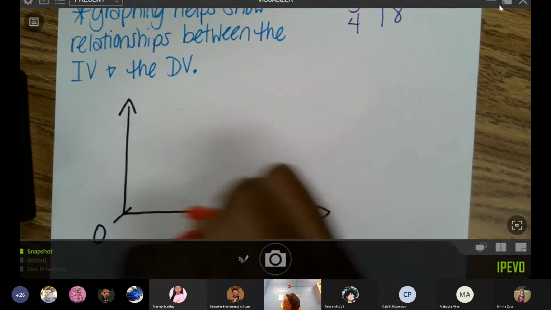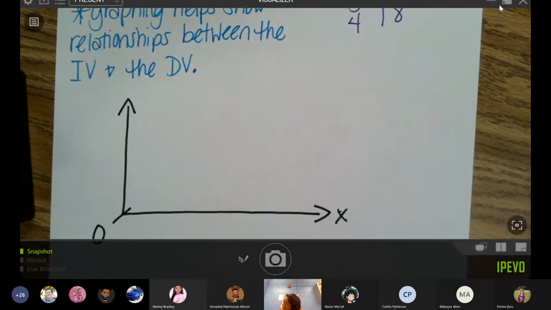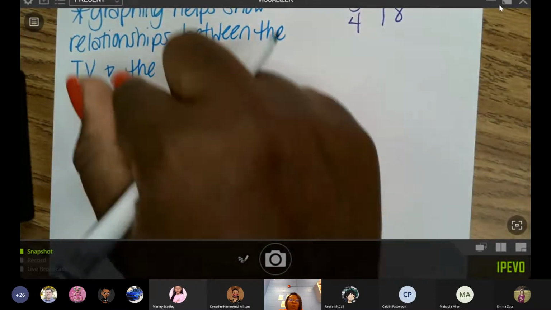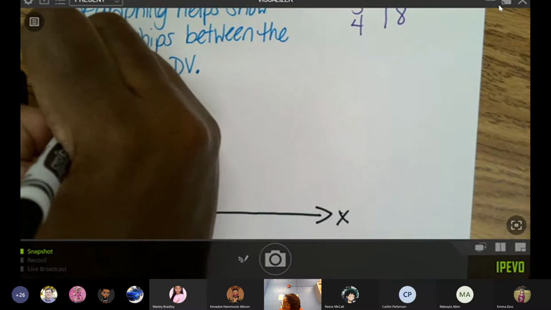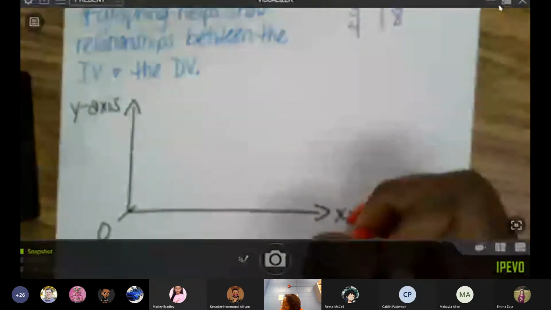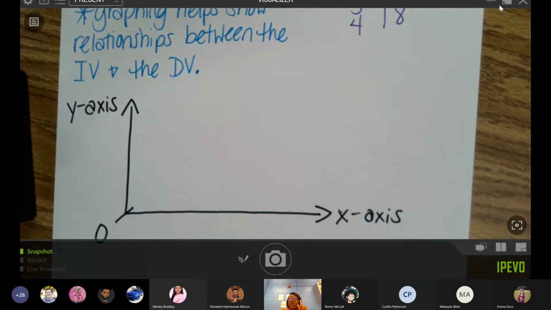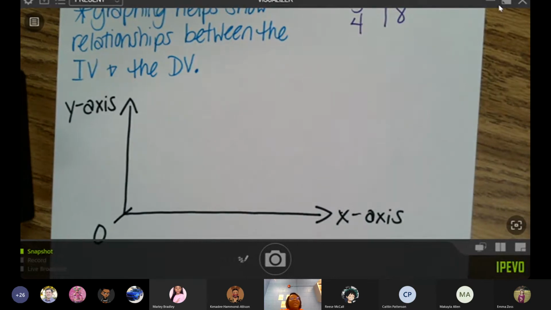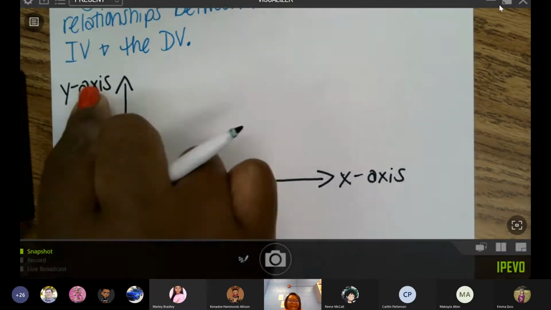The horizontal line or axis is my x-axis. The vertical line or axis is my y-axis. Please write this in your notes. While Ms. Neville's using marker, it's important that you use pencil today, because as we learn how to graph, we may make mistakes, so you want to be able to easily erase it. So this is my x-axis and my y-axis.